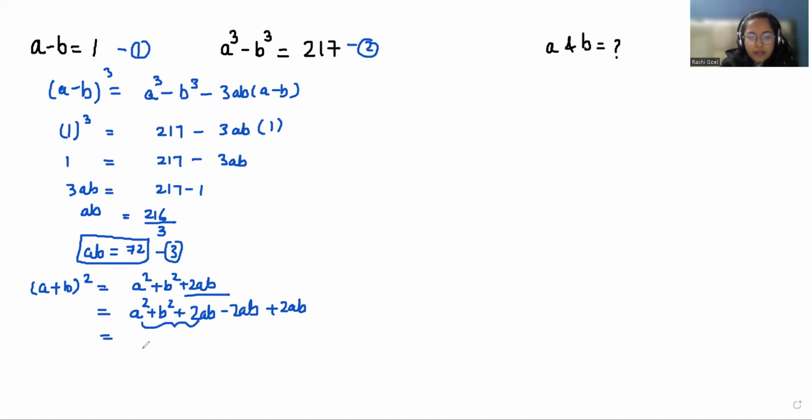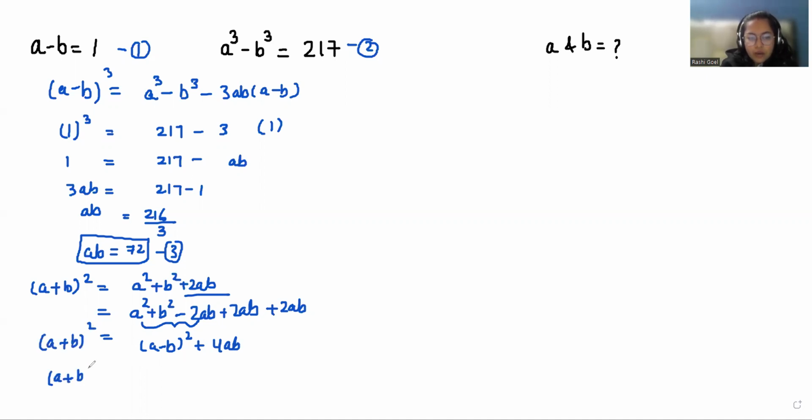Now it becomes a very famous identity, a minus b whole square plus, I'm considering the minus sign here and the plus sign here. Now this is 4ab and here a plus b whole square.